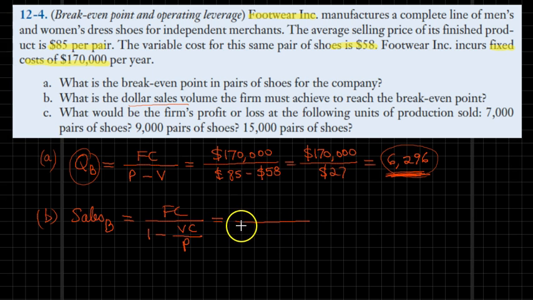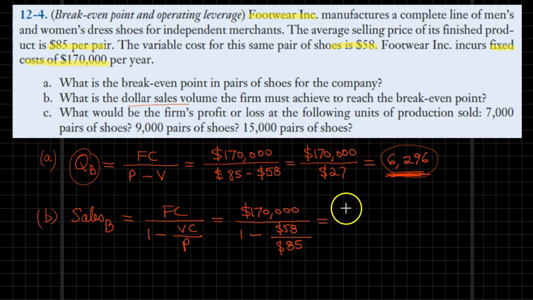So again, fixed costs are $170,000. 1 minus, so per unit variable cost is again $58, and the per unit price of a pair of shoes is, on average at least, $85 per unit.